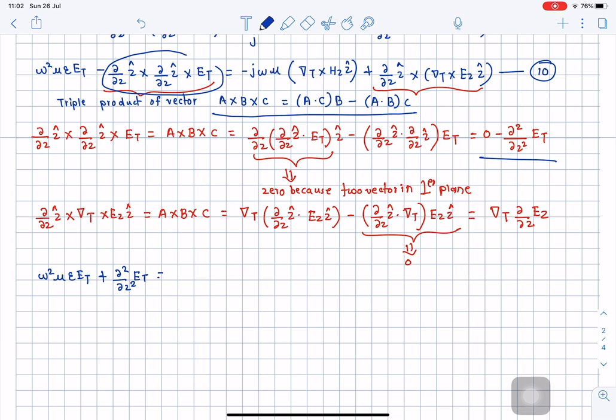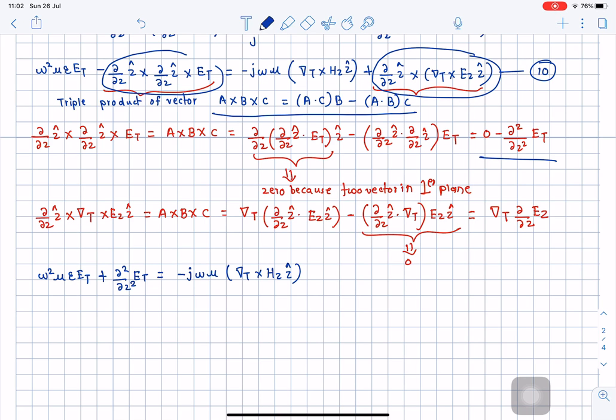On the right hand side, minus j omega mu into the bracket del of t into hz z cap as it is, and this other term can be replaced with del of t dabba by dabba z of Ez. Let us call this equation number 11.